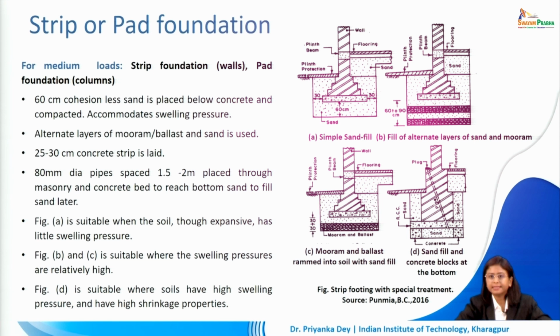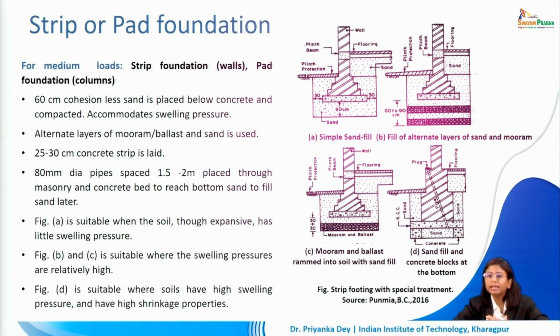So the first example is that we can apply strip or pad foundation with some special considerations in a black cotton soil area. So if we are dealing with medium loads, a strip foundation can be done for the walls and pad foundation for the columns, where 60 centimeter of cohesionless sand is placed right below the concrete and is compacted.